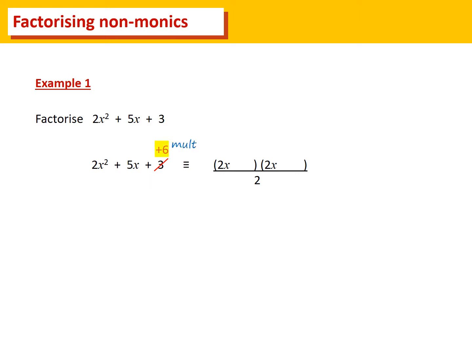Which two numbers multiplied together give me positive 6, and when added together give me positive 5? Think about it, folks. Which two numbers multiplied give me positive 6, and when we add those two numbers give positive 5?